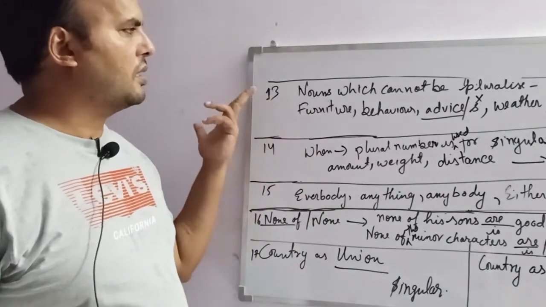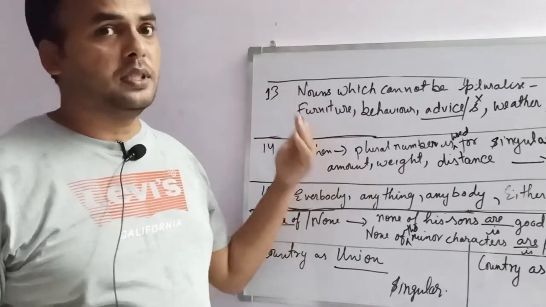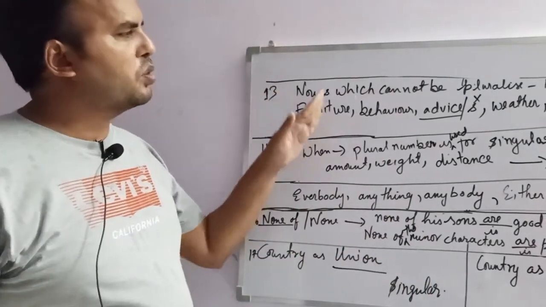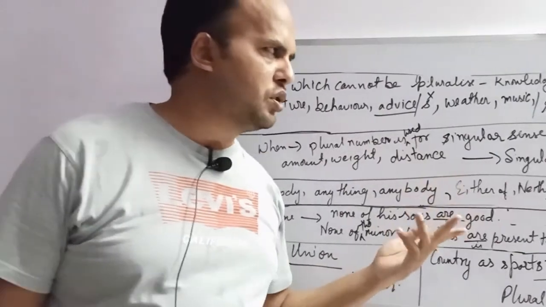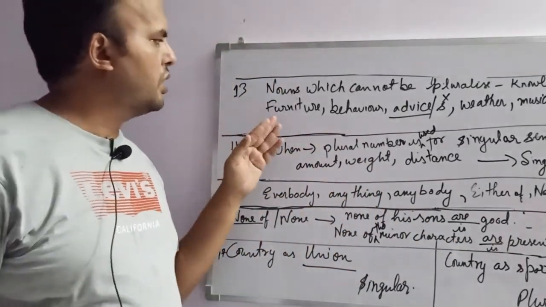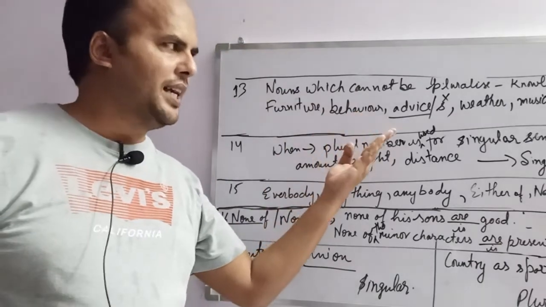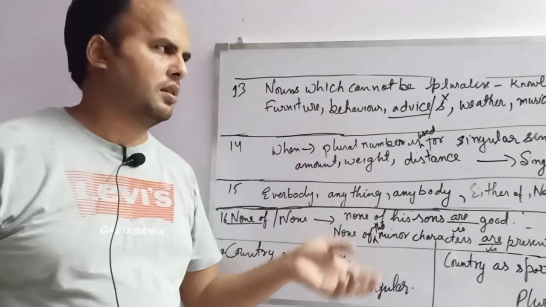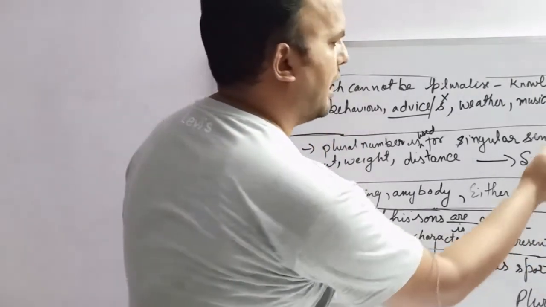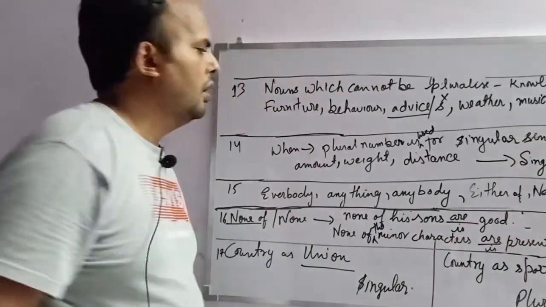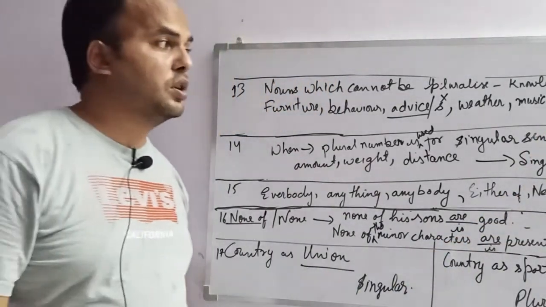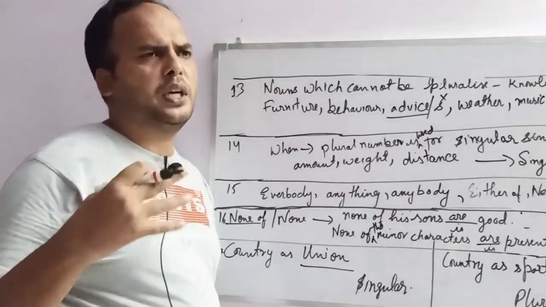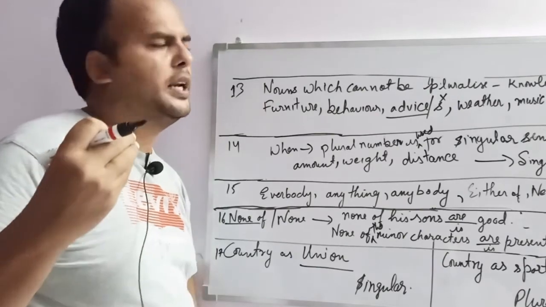So rule number 13 says, we will understand the examples later on, one by one. Rule number 13 says, nouns which cannot be pluralized, like knowledge, work, furniture, behavior, advice, not advices, weather, music, they take singular verb. Examples I will talk about later. When plural number is used for singular sense, when plural number of things which look plural, like 5, 10, 15, they are plural in number.